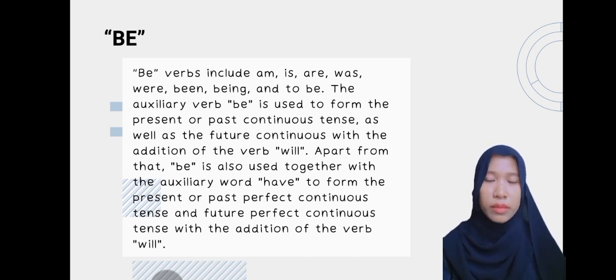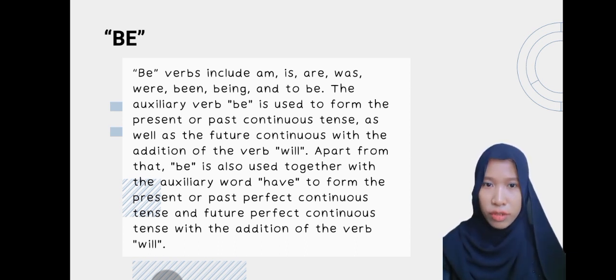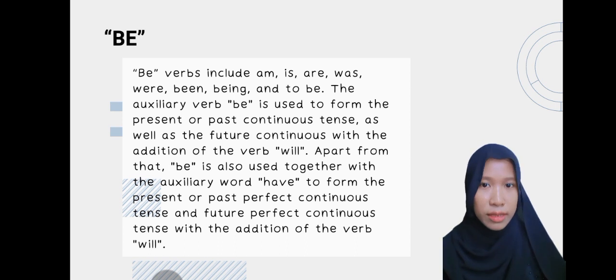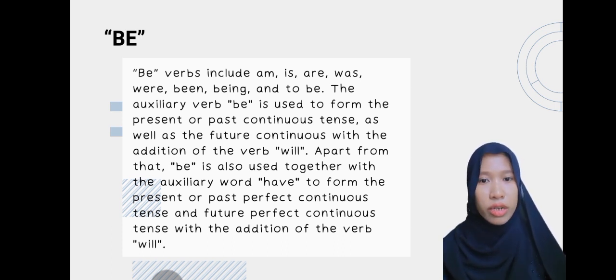Apart from that, be is also used together with the auxiliary word have to form the present or past perfect continuous tense and future perfect continuous tense with the addition of the verb will.